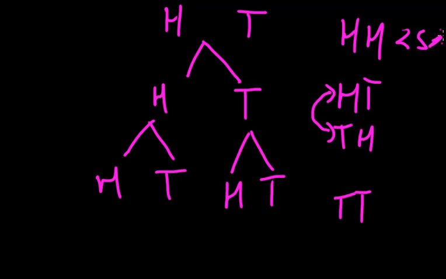And these two, since they're 2 quarters, 2 out of 4 is 50%. And once again, the probability of getting tails twice is 25%.